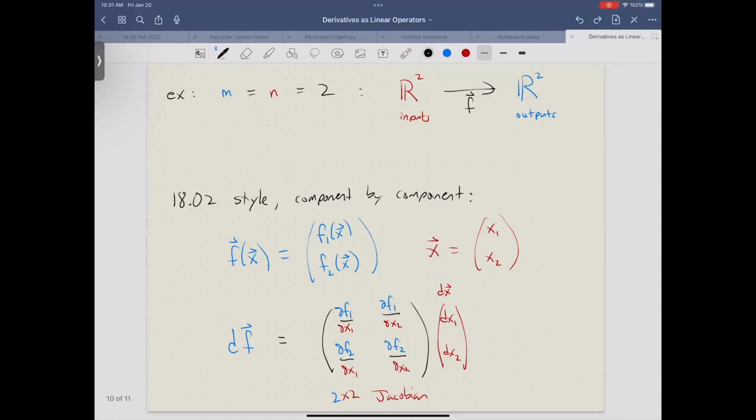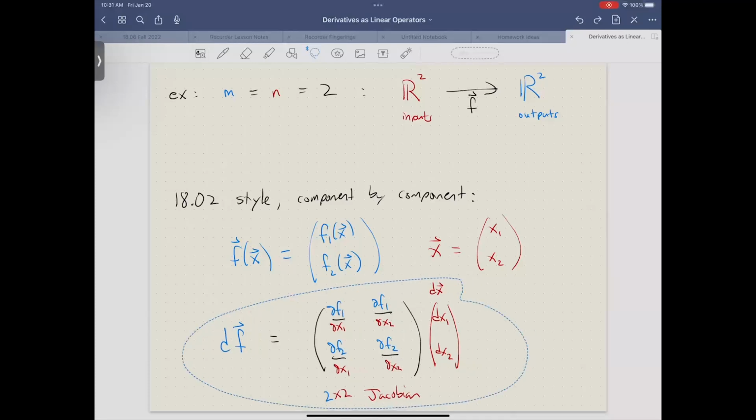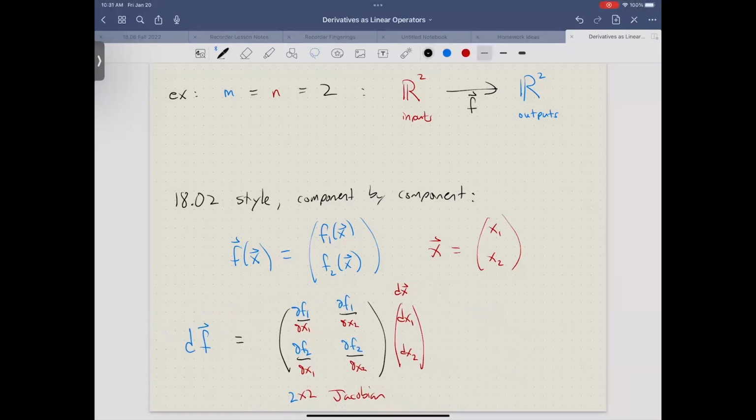So I need a little more space maybe. What's the first row? It's first row times column. You get, let me keep my color scheme, df1, df2.